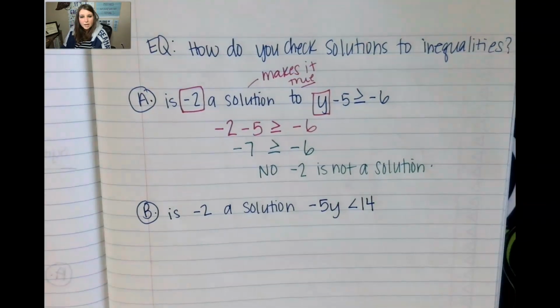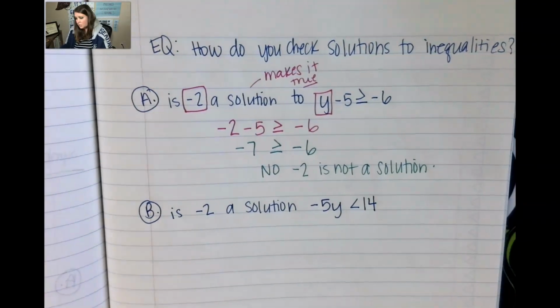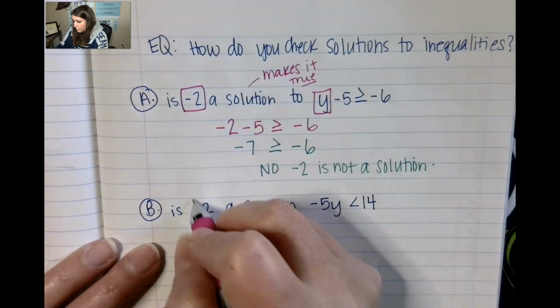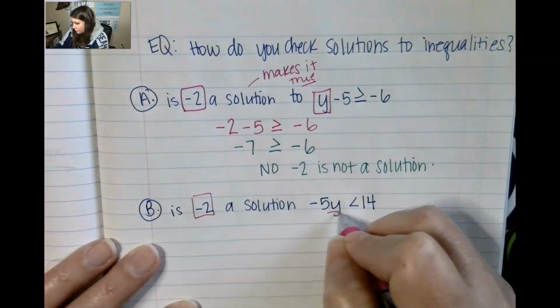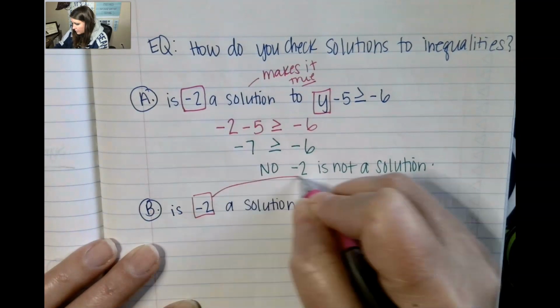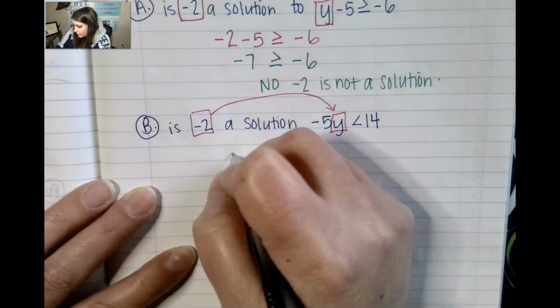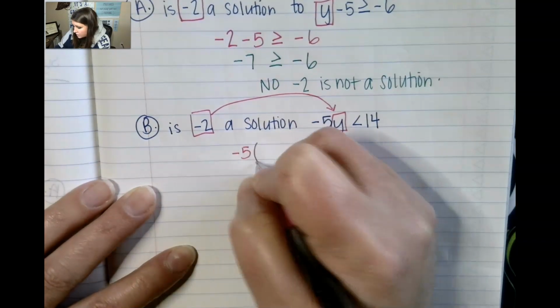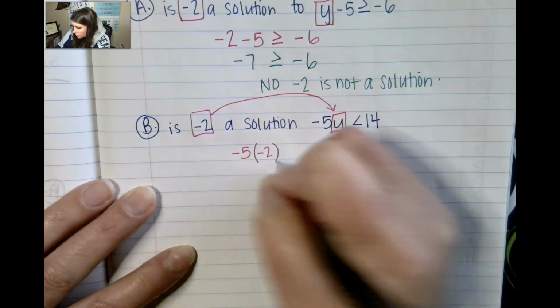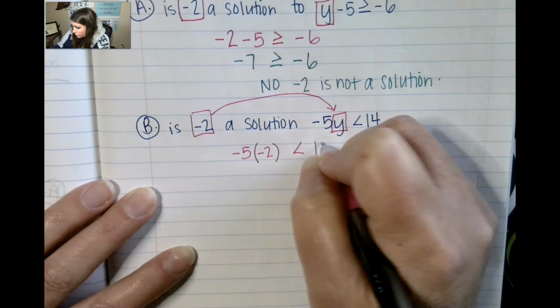Okay, so we want to check and see, is this a solution? So we're going to start out by putting negative 2 in for y. So negative 2 goes into y. So we're going to rewrite this. We now have negative 5 times negative 2 less than 14.